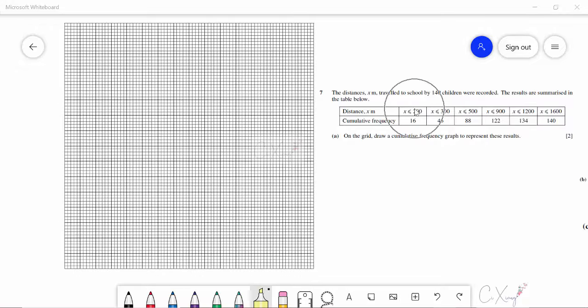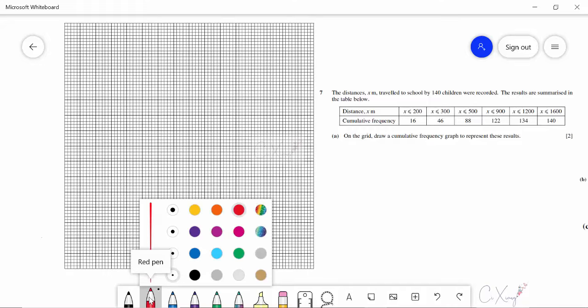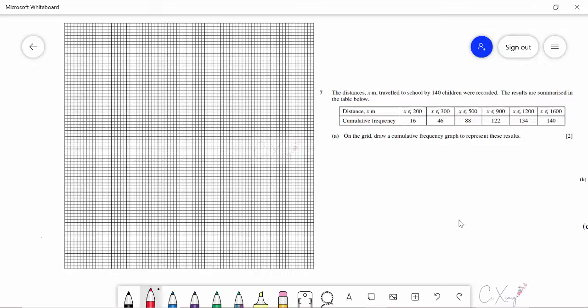We have 200 to 1600. You just need to make sure that you are using the correct scale for the graph. Okay, so let us start now. For the x-axis, I want to include until 1600, so it should be something like this.